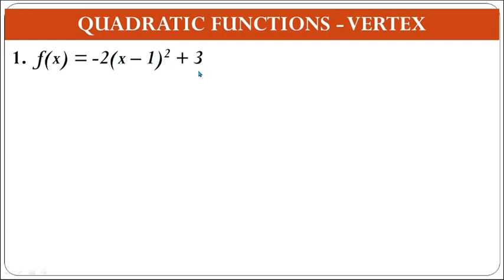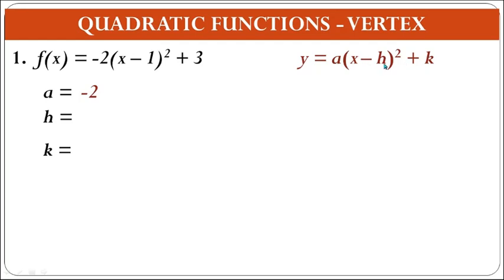So, let's identify the values of a, h, and k. Ito yung ating vertex form and yung ating a, h, and k. So, a is yung nandito sa labas is negative 2. H, so minus h.